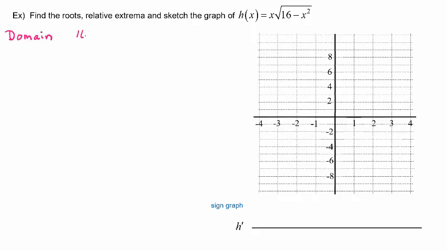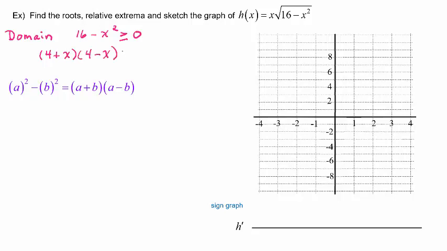We need 16 minus x squared to be greater than or equal to 0. Now this is the difference of squares, so it could be factored into 4 plus x times 4 minus x. That needs to be greater than or equal to 0.